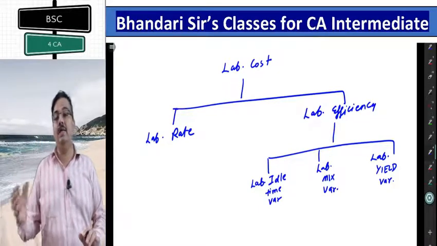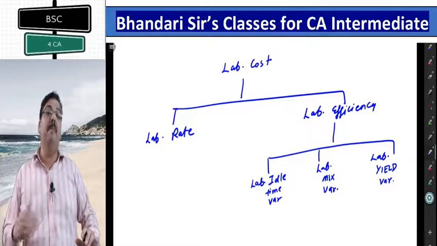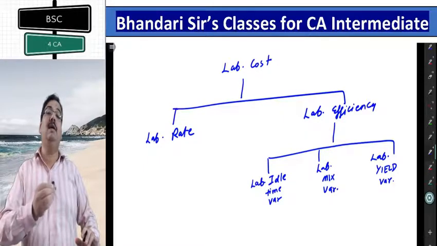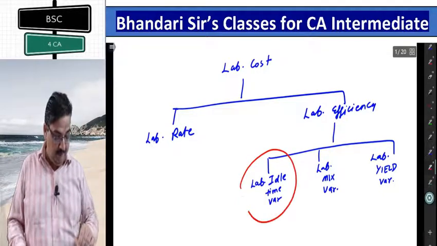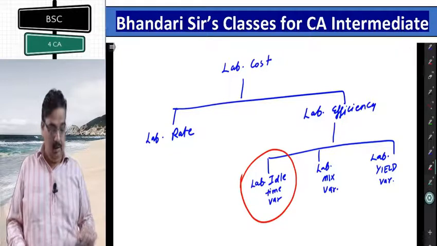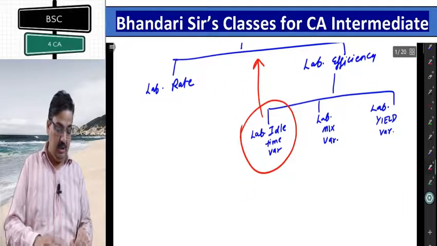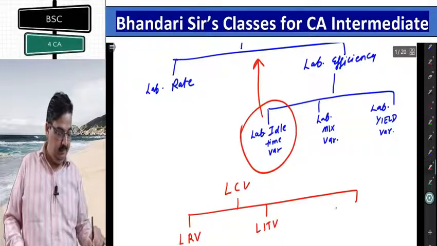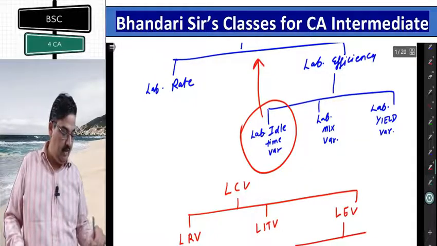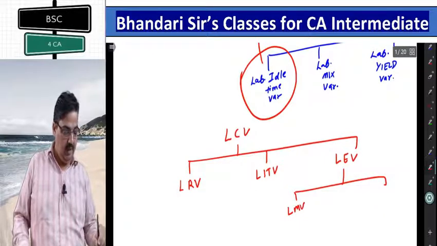They say idle time variance is an inefficiency which should be considered at the middle level and not under efficiency variance. So they pick up idle time variance from here and take it here. Their classification is labor cost, labor rate, labor idle time, labor efficiency. And efficiency has only two parts, labor mix and labor yield.